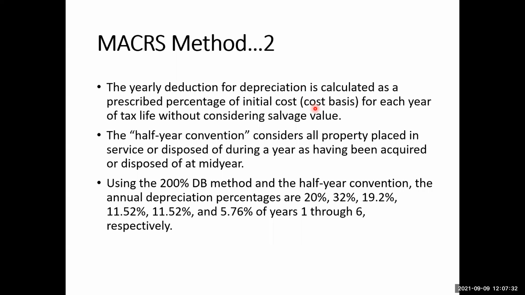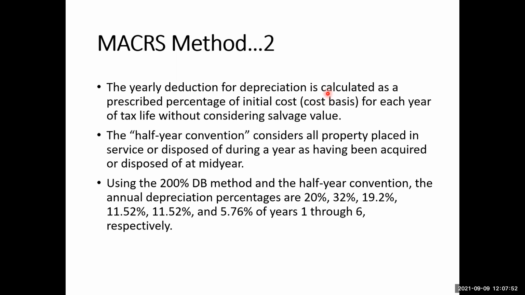For example, in the cost basis you can include the transportation cost of the equipment, the installation cost of the equipment, and other related costs, such as any tax which was paid to purchase the equipment, such as the sales tax.